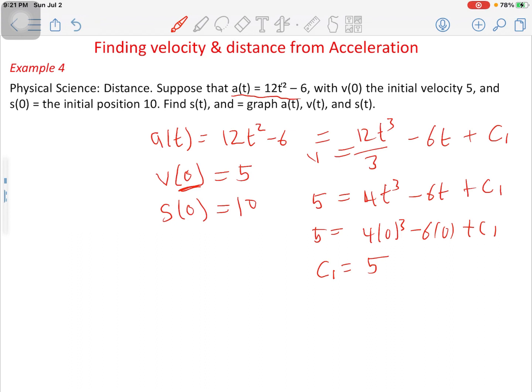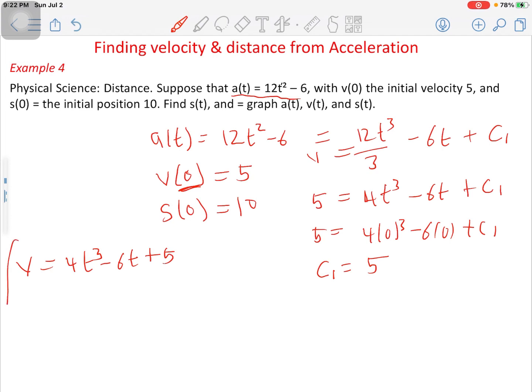So let's come to the second integral. Now our velocity function becomes v equal to 4t power 3 minus 6t plus 5. That will become our velocity function. So now that we have a velocity function, let's integrate it once again to get our distance function.